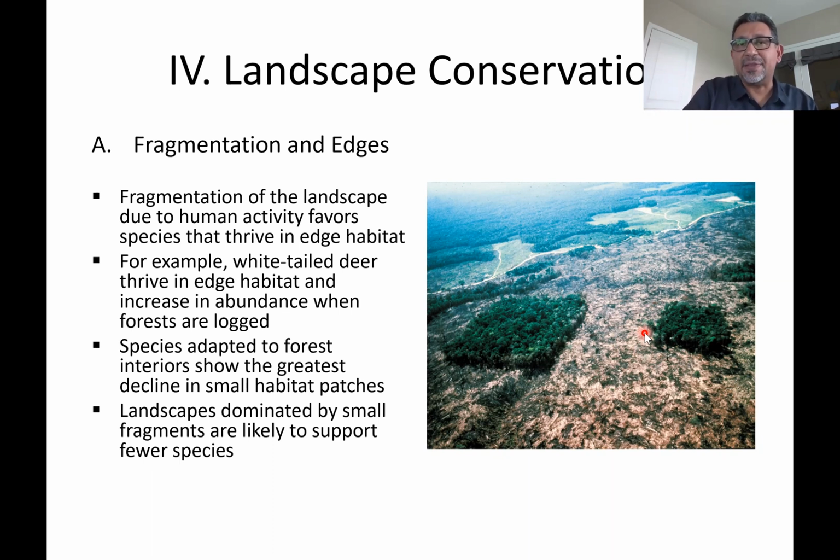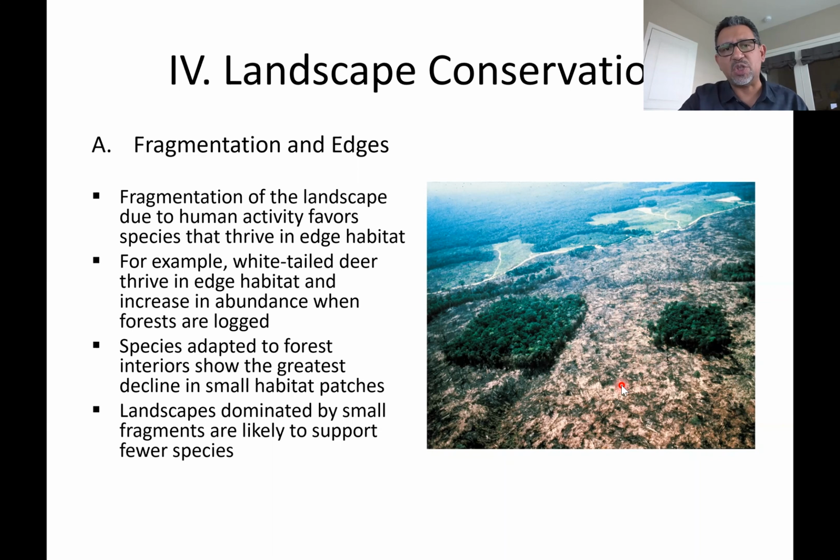And those are going to be places where there's a higher degree of diversity because you have the merging of two different habitats, and that can bring also a more diverse type of resources species can use. So one has to consider that when we are saving fragments of land, we also want to conserve some of the edges around those fragments because of those species that can benefit from it.